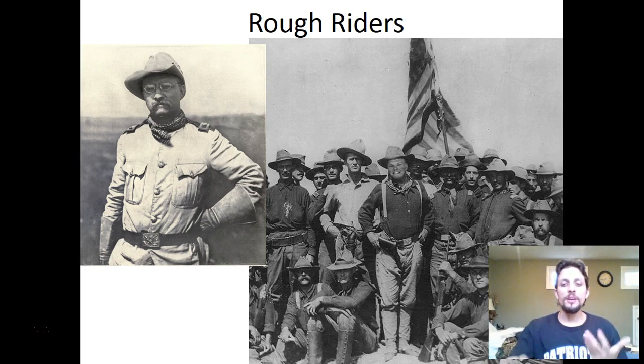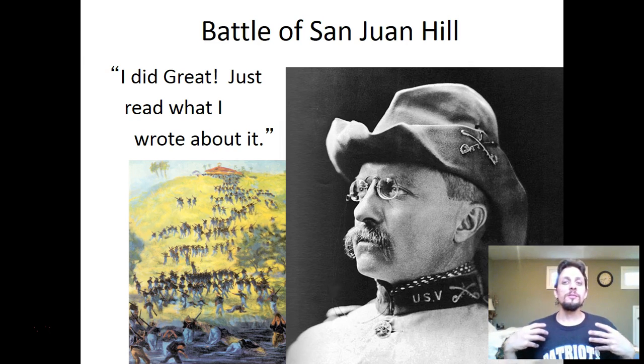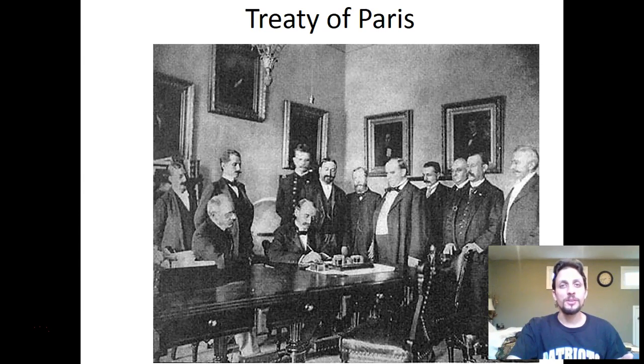And he goes down there and fights in some famous battles, but in typical Teddy Roosevelt fashion, he overemphasizes his greatness and his role in the battles, and he writes these glowing accounts of his unit's situation during the Battle of San Juan Hill. But he does gain some fame from the Spanish-American War, and it definitely helps him when he becomes president.